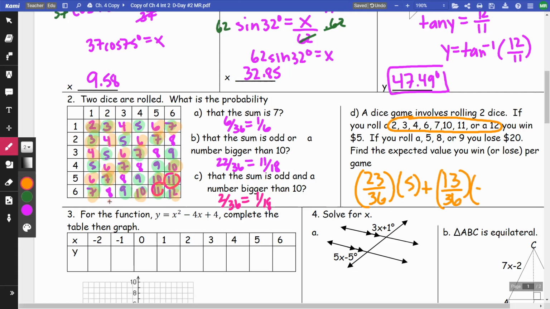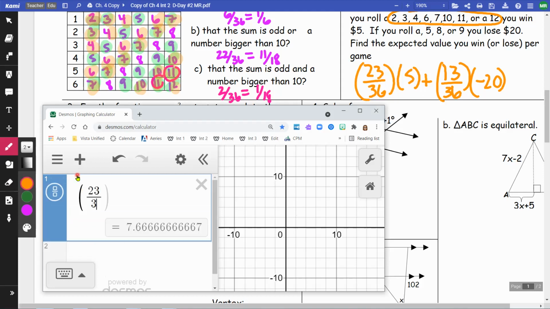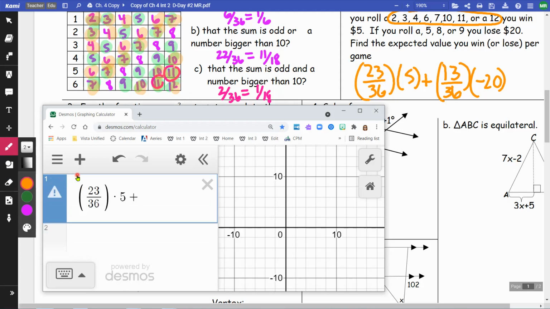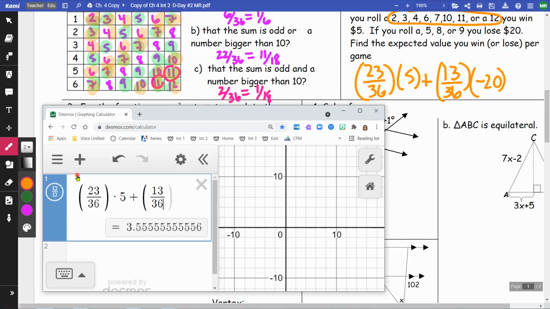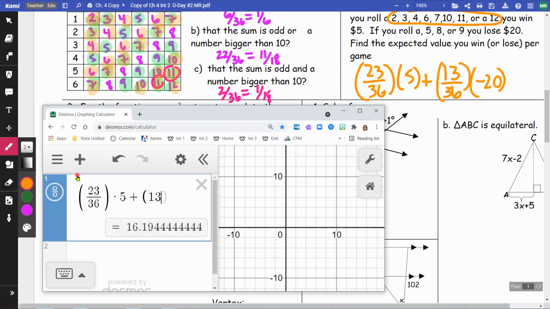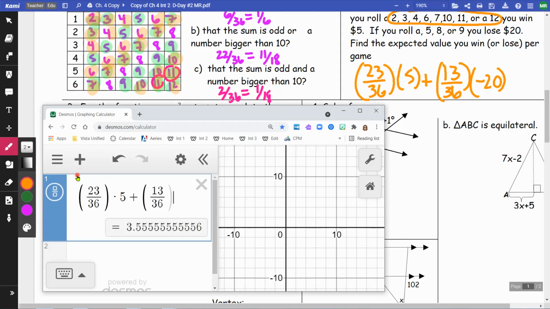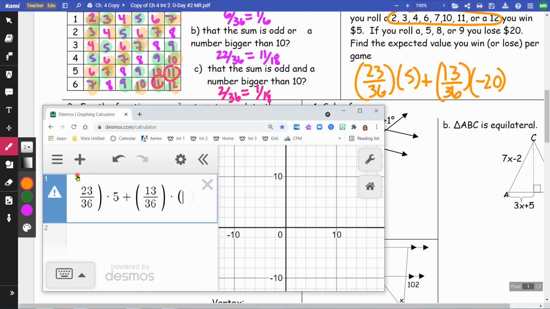And in this case, we are losing $20. And so if I do this math, I am going to do 23 over 36 times 5 plus 13 out of 36 times, and I'm going to put in parentheses a negative 20.